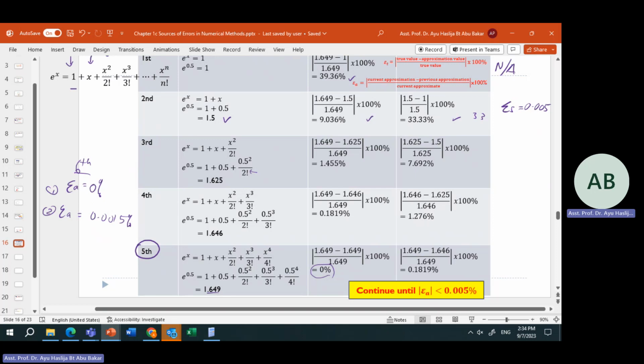Any question? Or is anyone stuck somewhere? If your EA is a random value, that means it goes down and up, then something is wrong with your calculation. The EA should be decreasing.